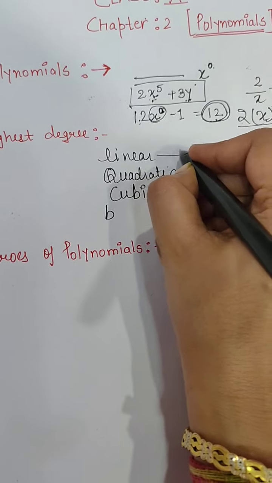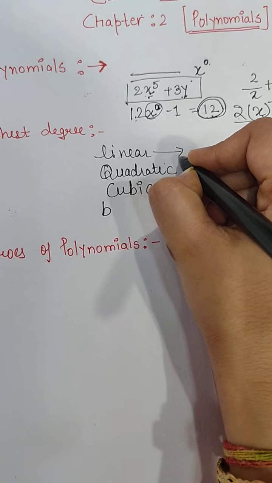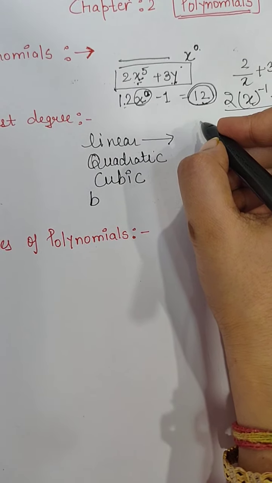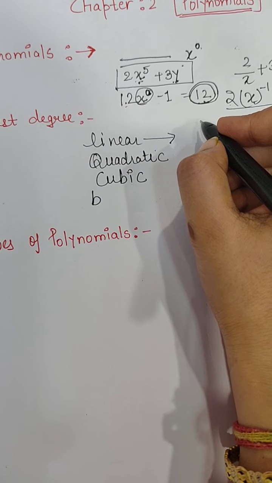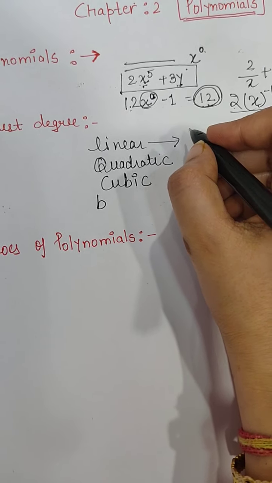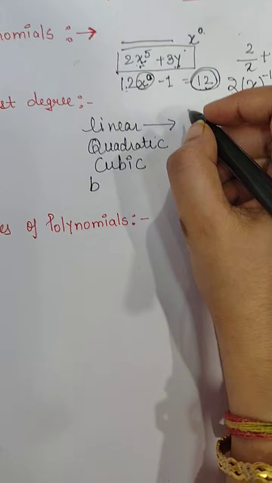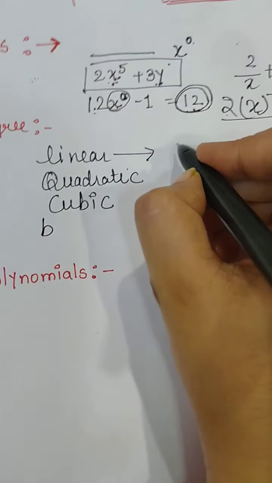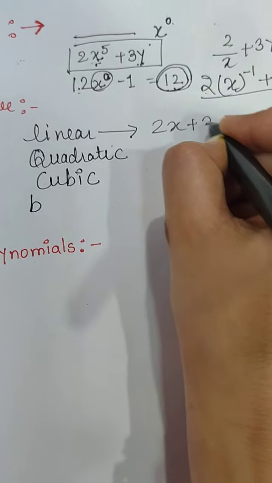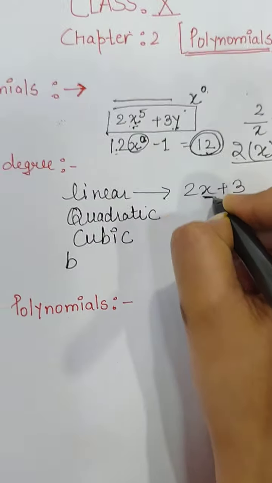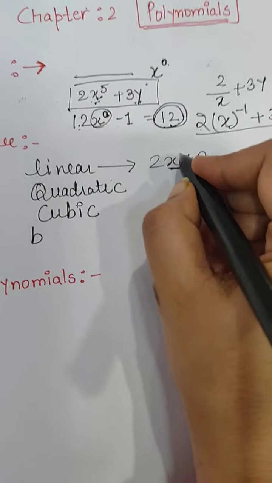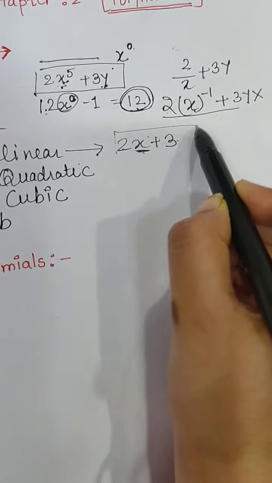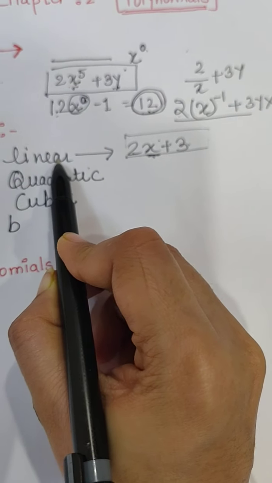So a linear polynomial is a polynomial where the power of the variable is 1, meaning the highest degree of the polynomial is 1. An example, 2x plus 3. The variable is x and the degree of x is 1, and the highest degree of this polynomial is 1, so this one is a linear polynomial.